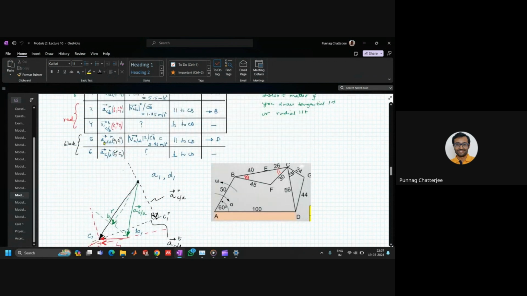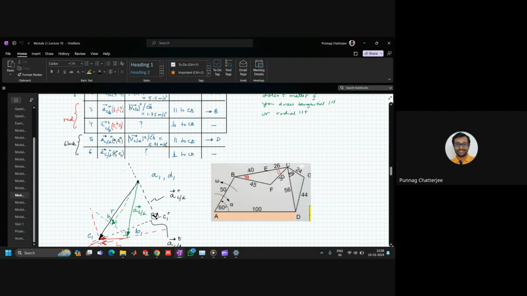The black colored vector is nothing but the acceleration of C with respect to D. Again, we know the radial component because we have figured out the tangential velocity of C with respect to D. The radial component of the acceleration of C with respect to D is the tangential component whole square divided by CD, and this is given as 2.86 meters per second square.